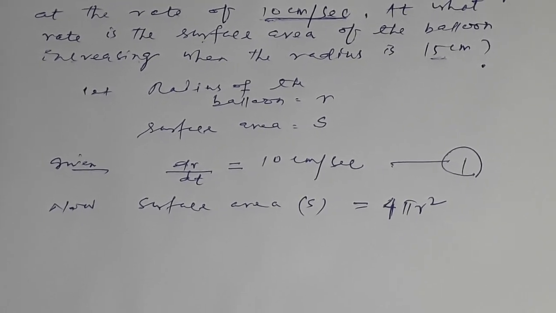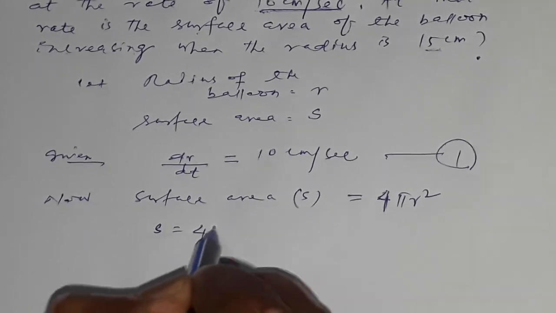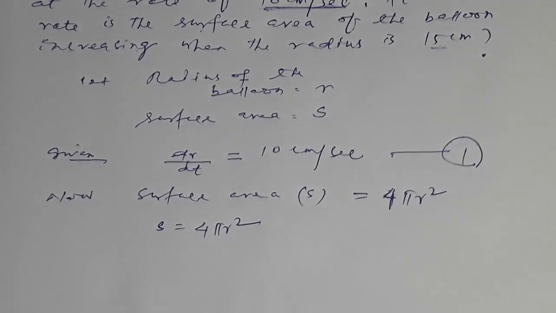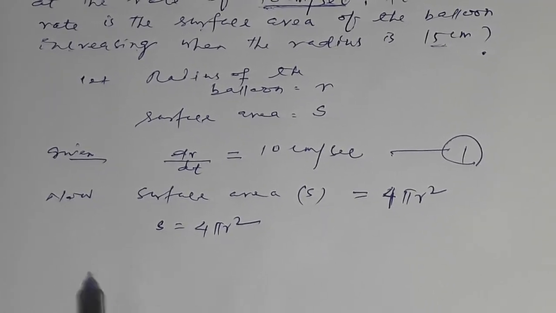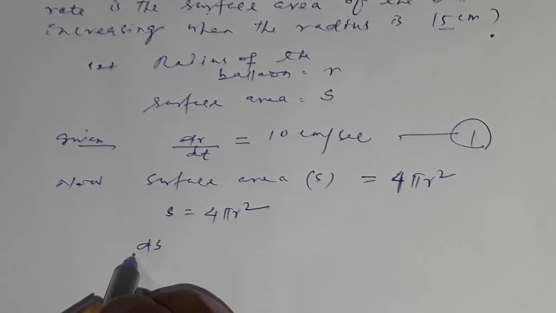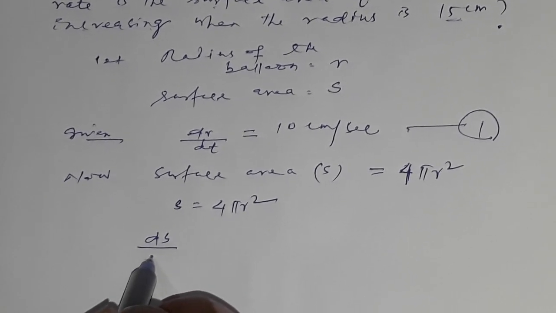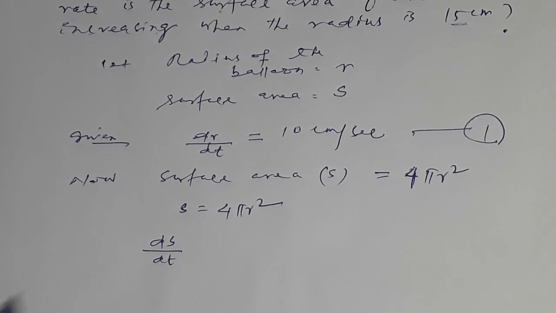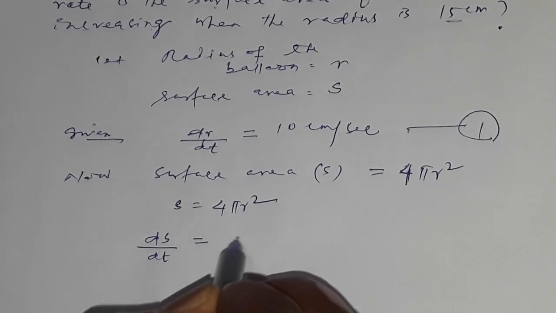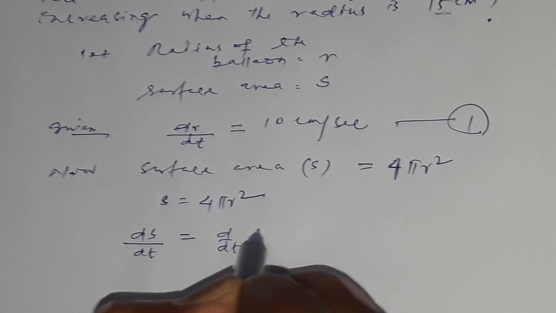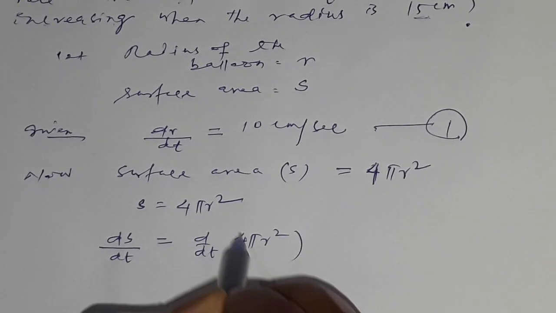Now differentiate both sides with respect to time t. d by dt of S equals d by dt of 4 pi r squared.